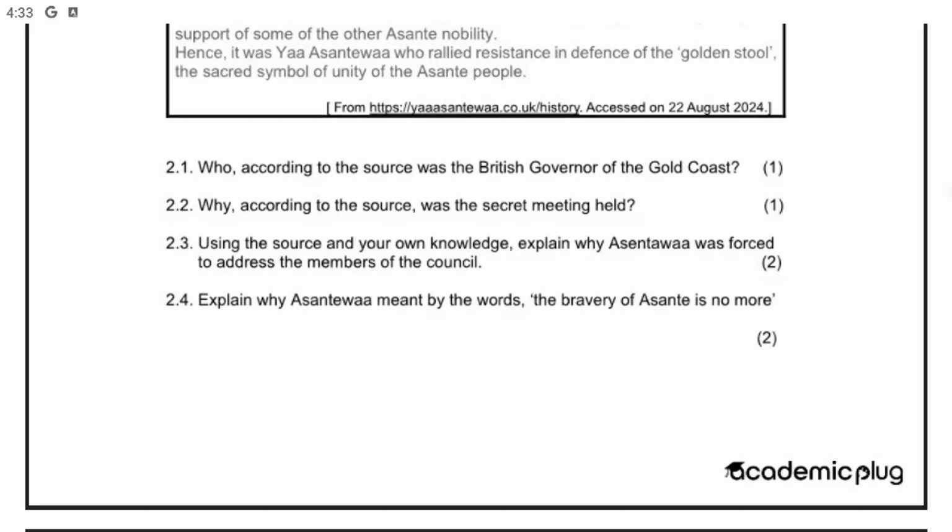2.3. Using the source and your own knowledge. Again, this one wants us to go through the source and the notes that we have, right? Explain why Asantewaa was forced to address the members of the council.